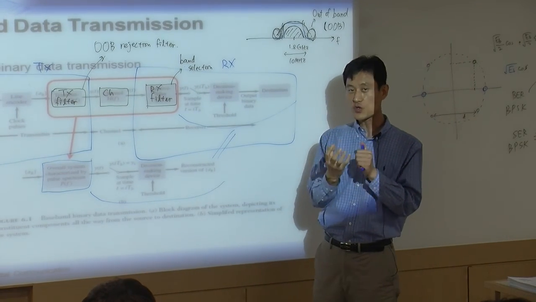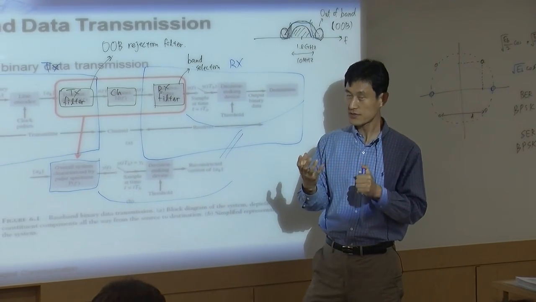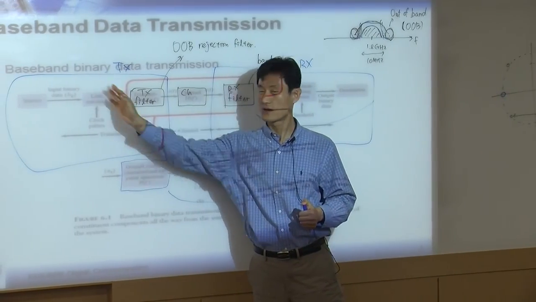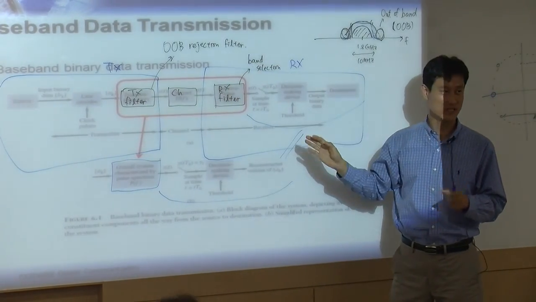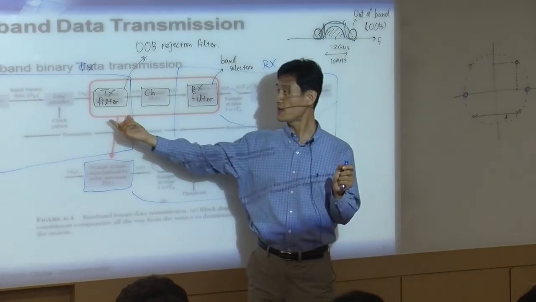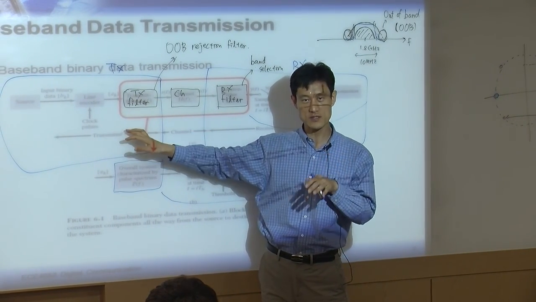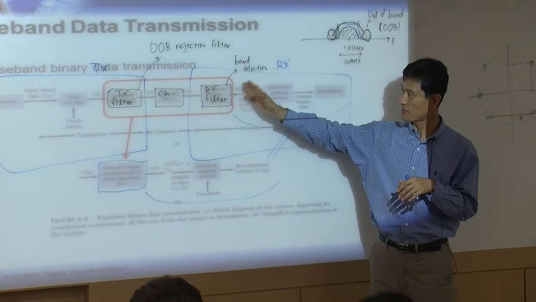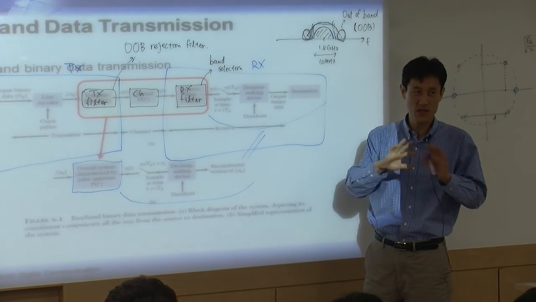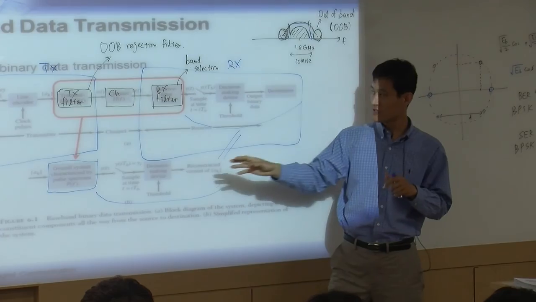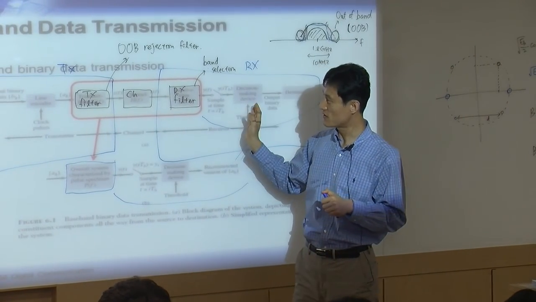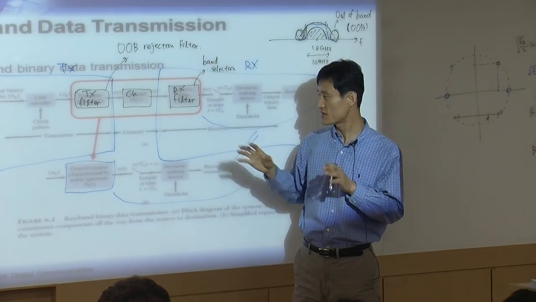So when you look at the actual system, here's a transmitter. Here is a receiver in the actual system. So this filter, the transmit filter, is part of your actual transmitter. This receive filter is part of your actual receiver, but forget it. Forget the transmit filter, forget the receiver, forget all the actual stuff.